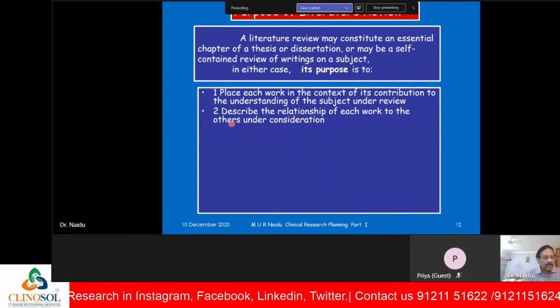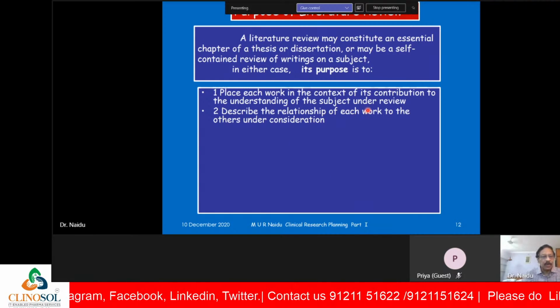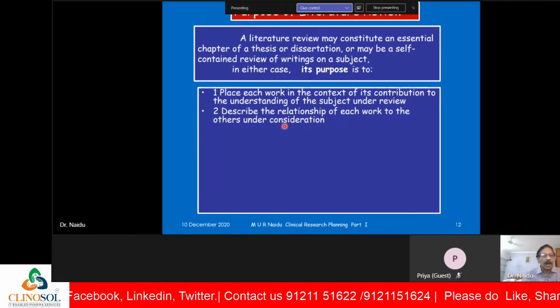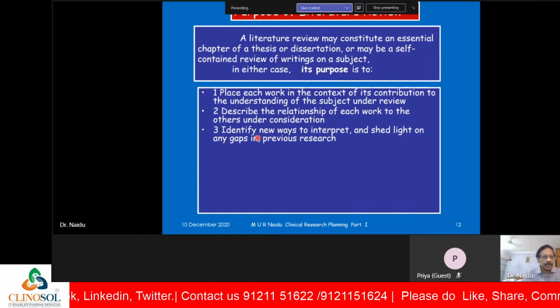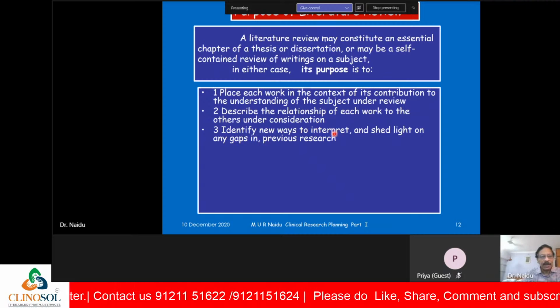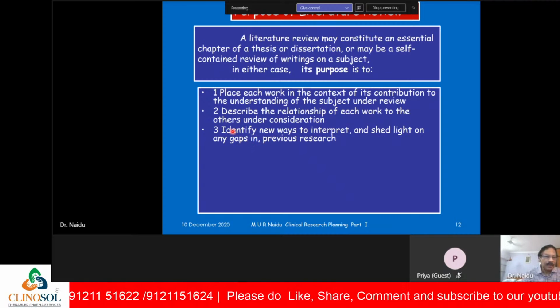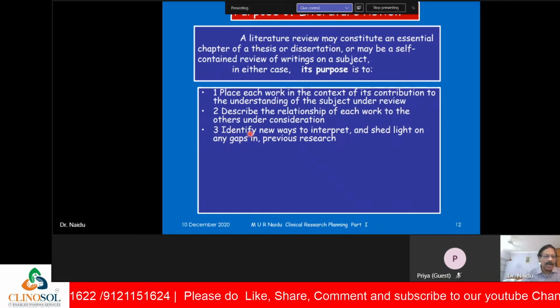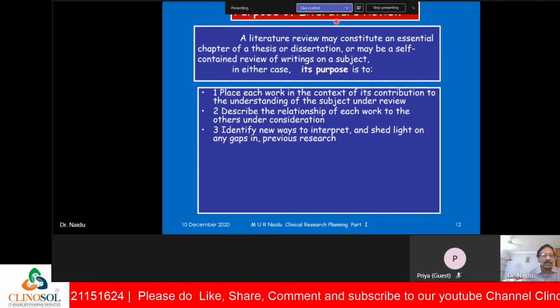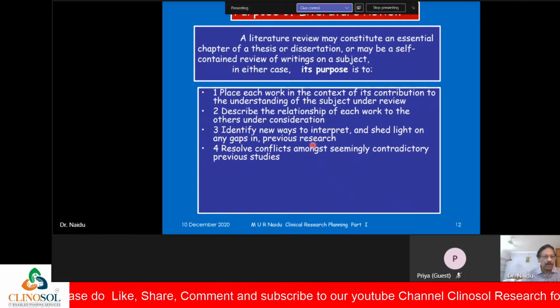Second, it will help you describe the relationship of each work to the others under consideration. It will help you identify new ways of interpretation and shed light on the gap. You will definitely be able to identify the gap in previous research while doing a literature review. So this is another help.